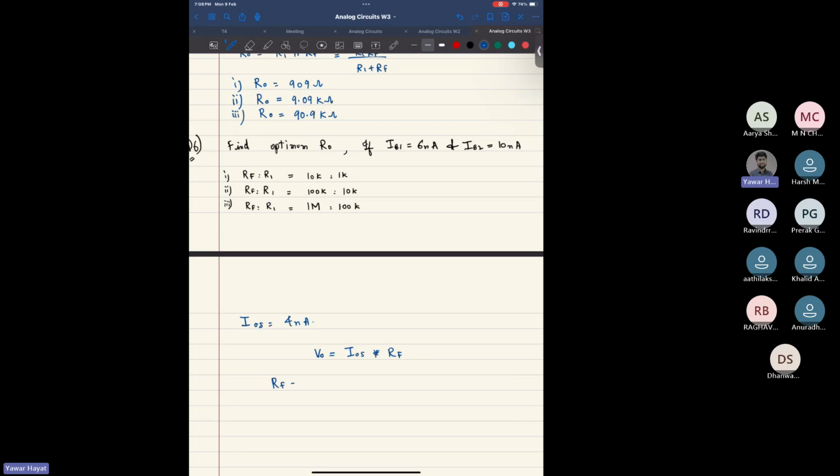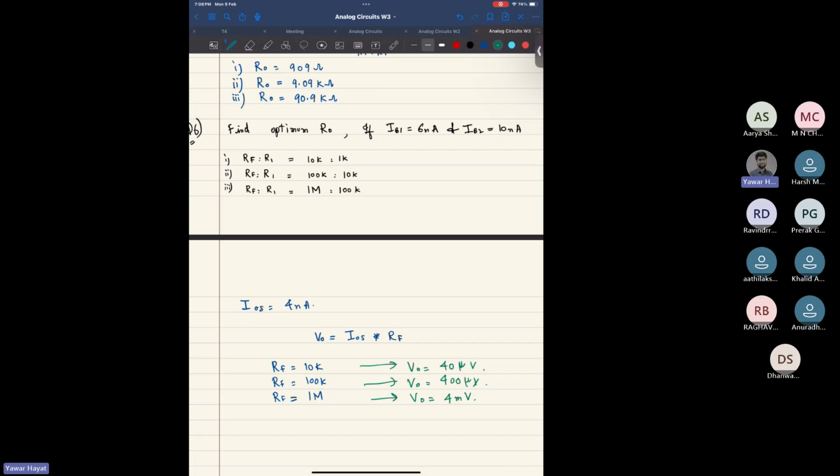When your RF is 10 kilo, when your RF is 100 kilo, and when your RF is 1 mega. Okay, for this one, my V naught will be 40 microvolt, right? For this one, V naught would be a factor of 10 multiplied, right? 400 microvolt. Likewise, for this one, it would be 4000 microvolt, or I can write it as 4 millivolt. Okay, so sixth is done. Now seventh question.